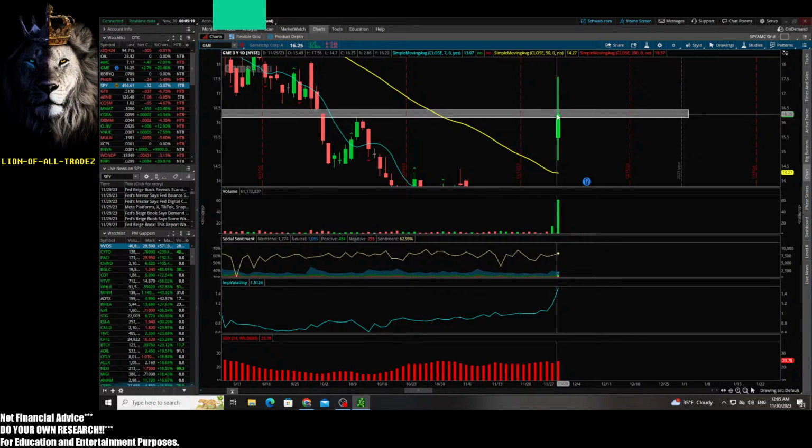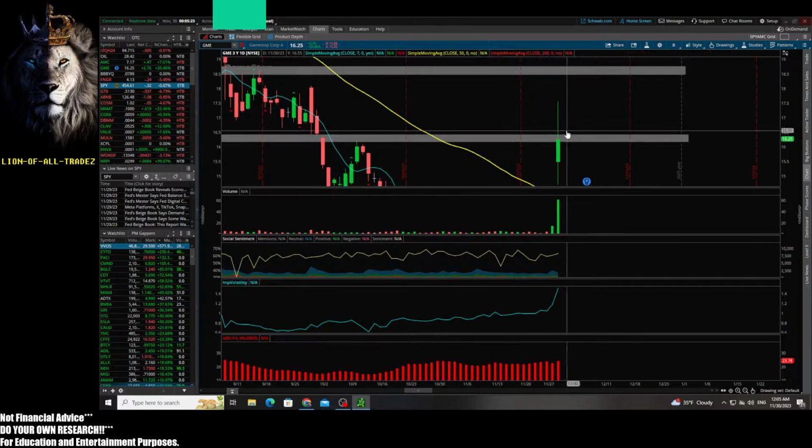All it needs to do is pretty much stay above that, in my hypothesis, and I'd say if it stays above that, then we can retest those highs of 17 and above.